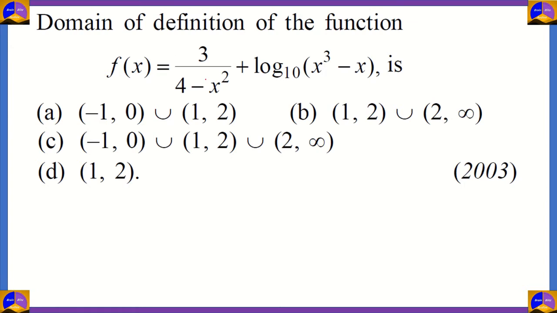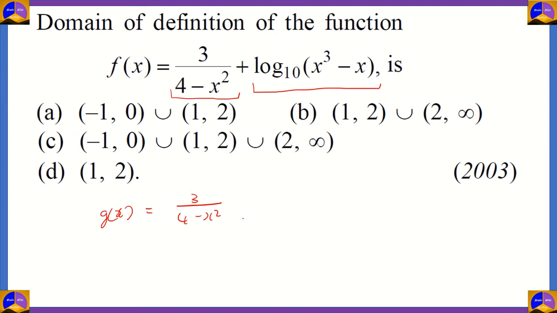This function f of x has 3 by 4 minus x squared added to log to the base 10 of x cubed minus x. Now let's consider g of x as 3 by 4 minus x squared.